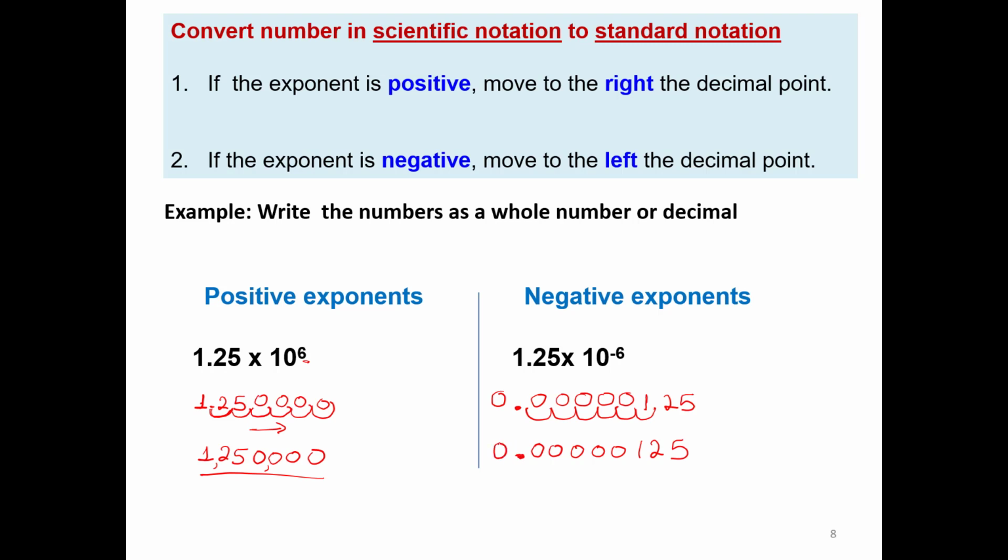But I prefer to write the 0 there. Then this number in standard notation equals 0.00000125. And as we expected, the number is really small.